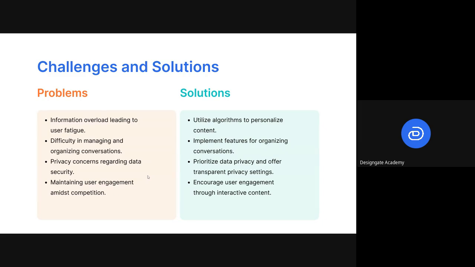So you also have the issue of difficulty in managing and organizing conversations. You have privacy concerns regarding data security, and also maintaining user engagement amid competition. So how can you solve some of these things? For things like information overload, you can utilize algorithms to personalize content. So as a product designer, you can come up with a solution around this.